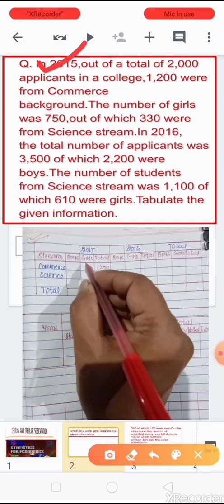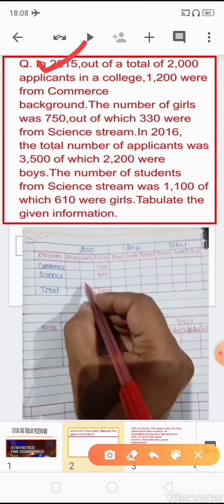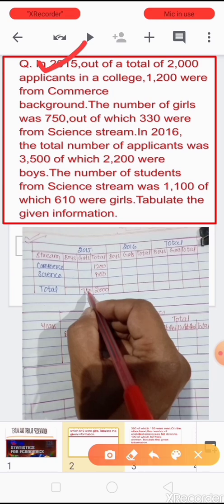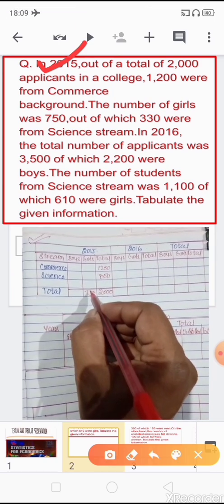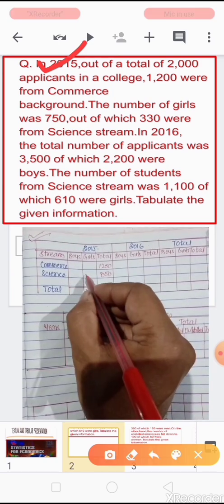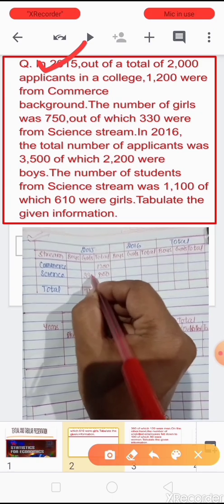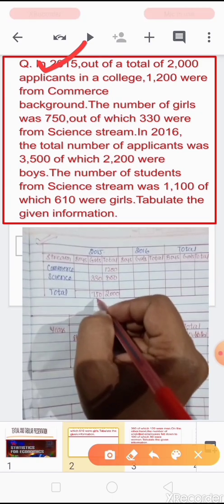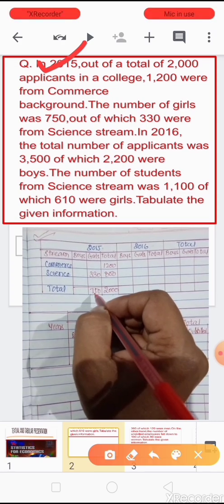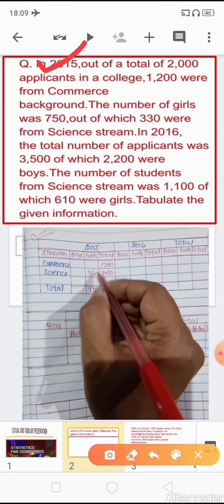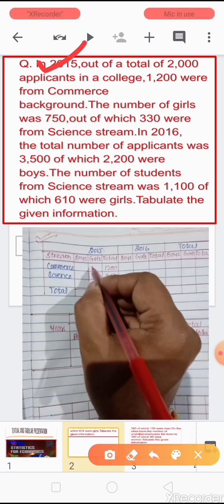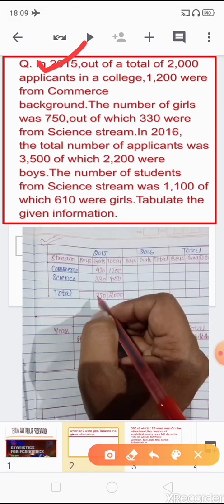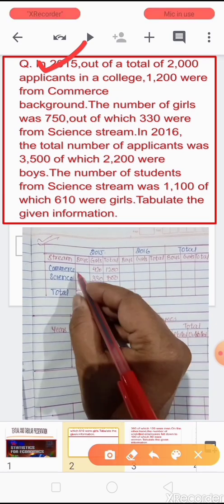The number of girls is 750, out of which 330 were for the science stream. So the girls studying science are 330, and you can find out the remaining in the commerce background: 750 minus 330 becomes 420.